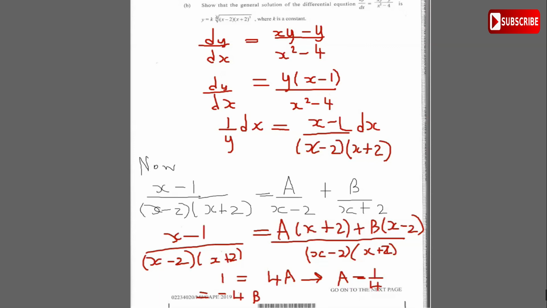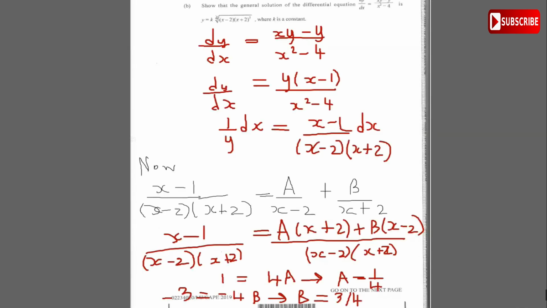So you have minus 3 is equal to minus 4b, and so that tells us that b is equal to 3 over 4. Since b is 3 over 4, we can proceed.